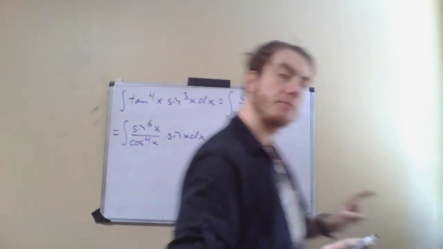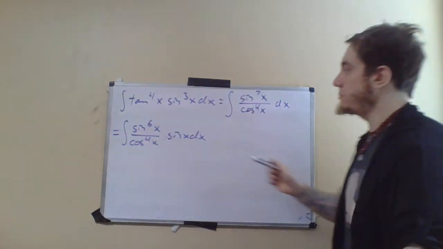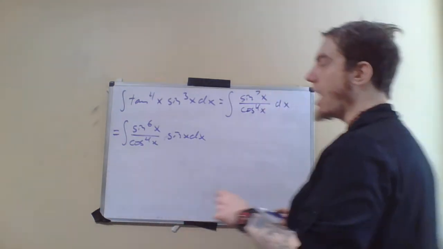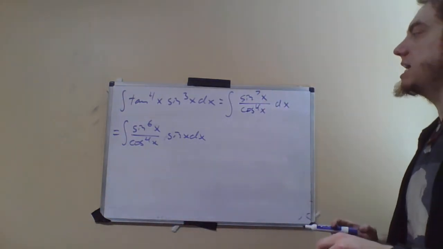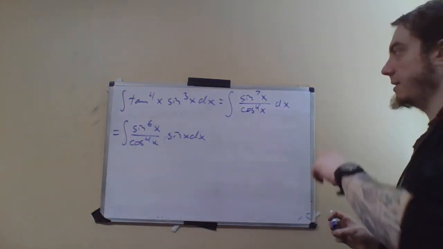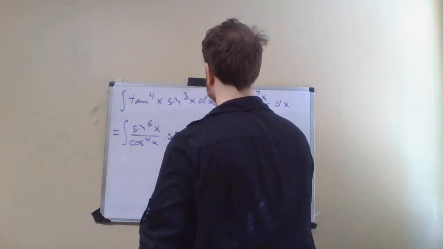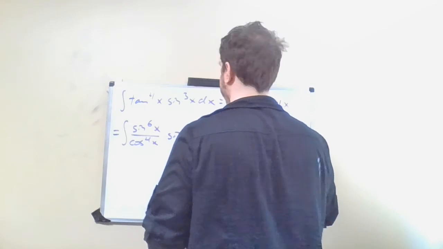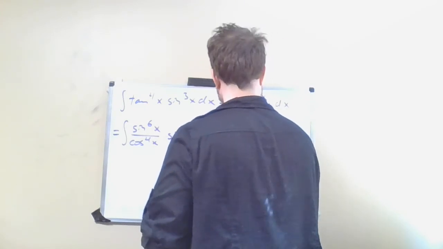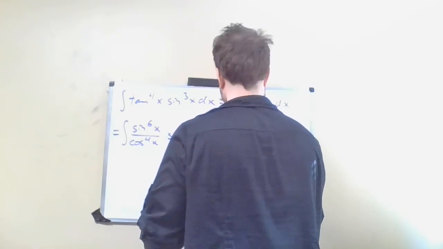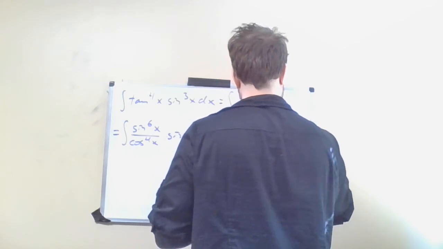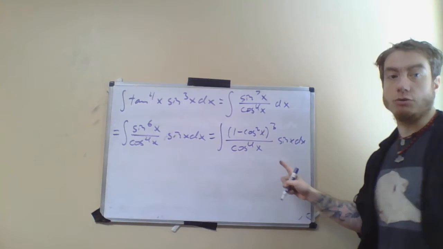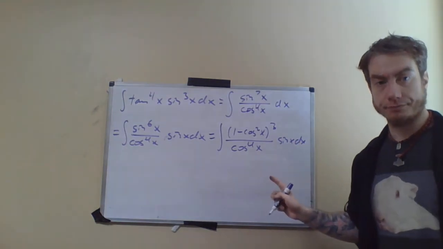There we go. And the reason this is good is because I'm left with an even power of sine. Well, I can turn even powers of sine into cosines. In fact, this is now the integral of (1 minus cosine squared x) cubed divided by cosine to the fourth x times sine x dx. Now, do you see a u substitution that we could make here?